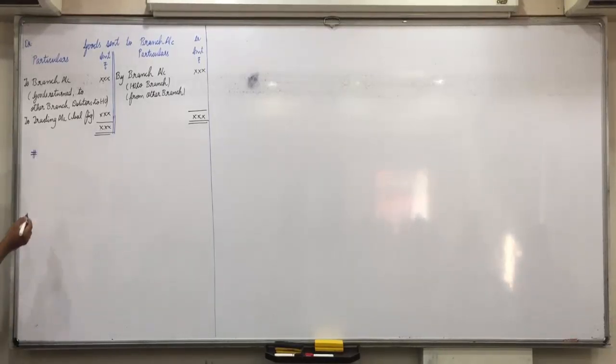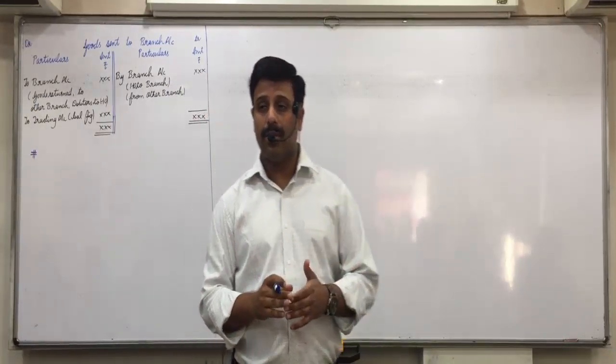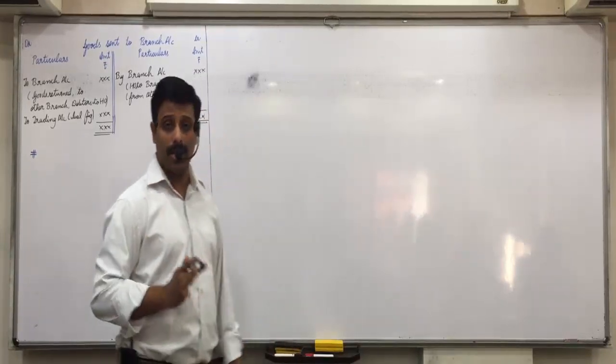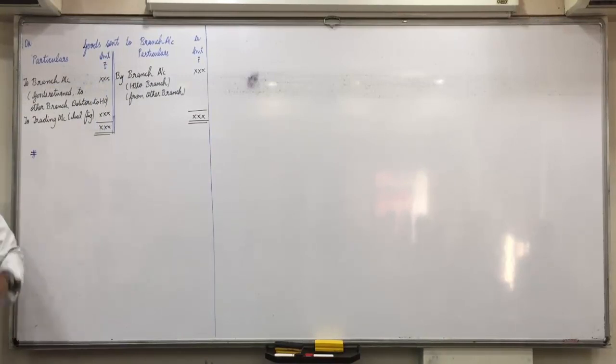Now, we need to understand which things or accounts or entries will not be recorded in branch account. Exact logic of those we'll understand in the further lectures as and when we progress in the chapter. But initially you are supposed to remember which things will not be recorded in branch account.